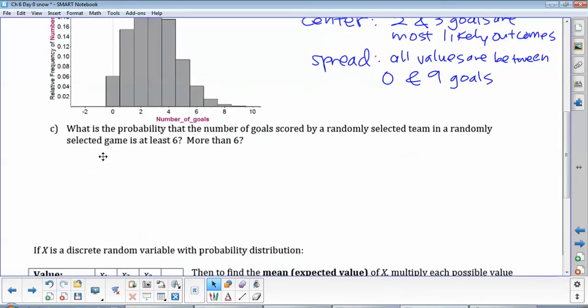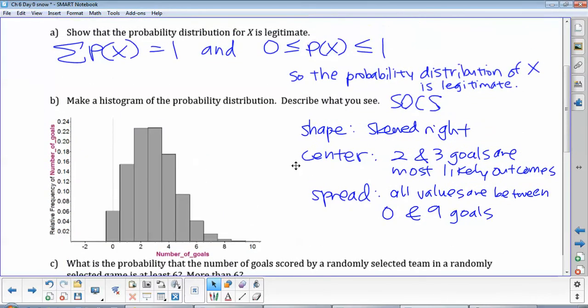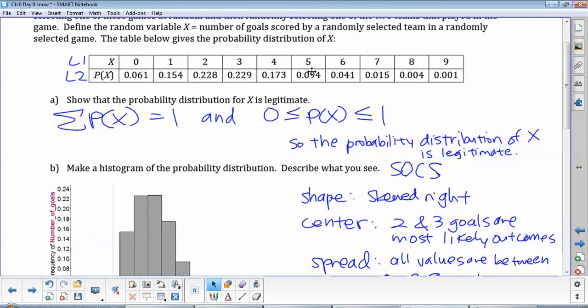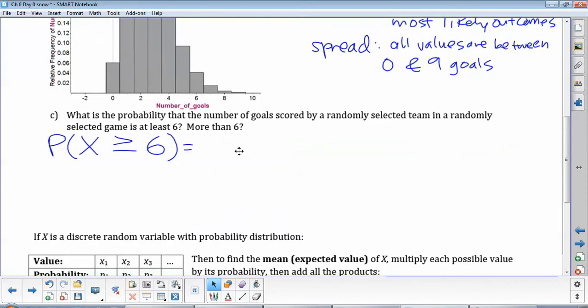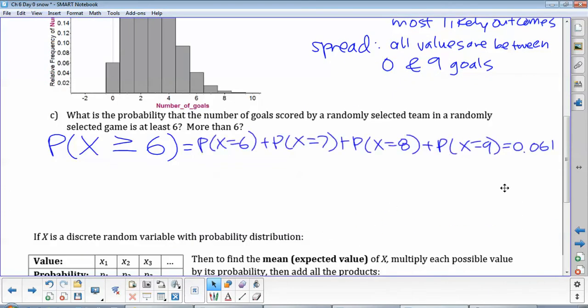So finding the probability that x is at least 6 is the probability that x is greater than or equal to 6, which is going to be the probabilities of 6, 7, 8, and 9 added up together. So we're going to show some work here, and that's going to equal 0.061. For the second part, the probability that x is greater than 6, the number of goals is going to be more than 6.